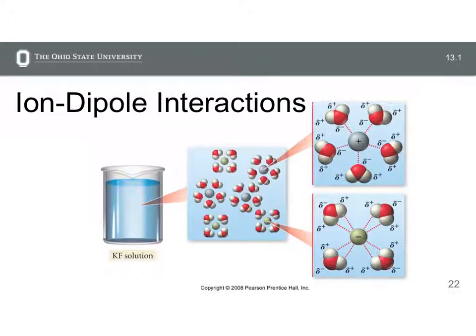So that was one of the main reasons why we brought that up from chapter 11 with our intermolecular forces. You've seen figures, if not this figure, something very similar to this, where we have our cation in a solvent cage where the oxygen with a negative dipole in water is directed towards that positive cation, and then vice versa for the anion, where the partial positive of the hydrogens in water is directed towards the anion.